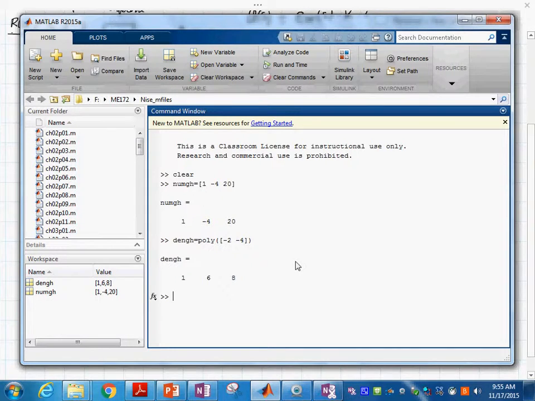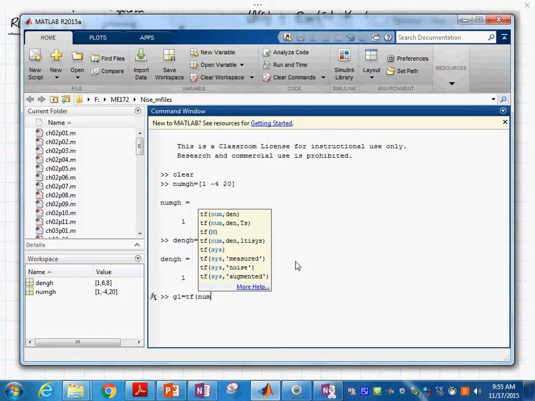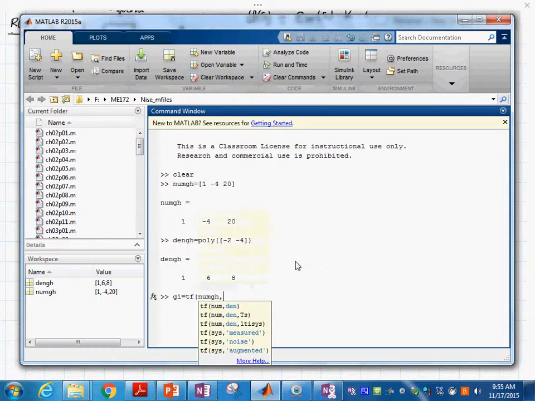Then I'm going to define the transfer function, let's call it G1, equals the transfer function between the numerator of GH and the denominator of GH.